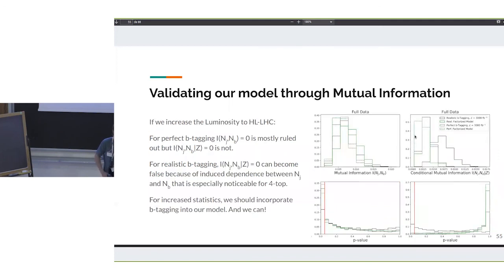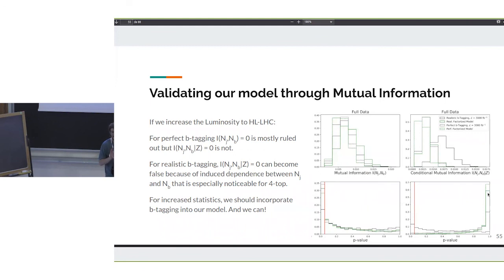However, if we increase the luminosity to the high luminosity LHC, we see that for perfect B-tagging, we really can't rule out the conditional mutual information equals 0 hypothesis; this is what the bulk is tilted towards here.